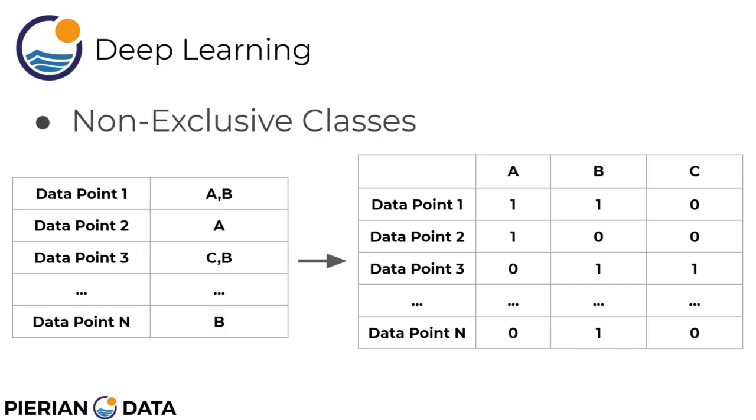Now for non-exclusive classes, it's going to be slightly different. Recall that non-exclusive classes means each data point can actually have multiple classes assigned to it, such as a photo having multiple tags or categories assigned to it. So we can see here data point 1 has classes A and B assigned to it. Data point 2 is A, data point 3 has C and B, etc. So we just perform the same idea, except now data points can have a value of 1 for multiple categories.